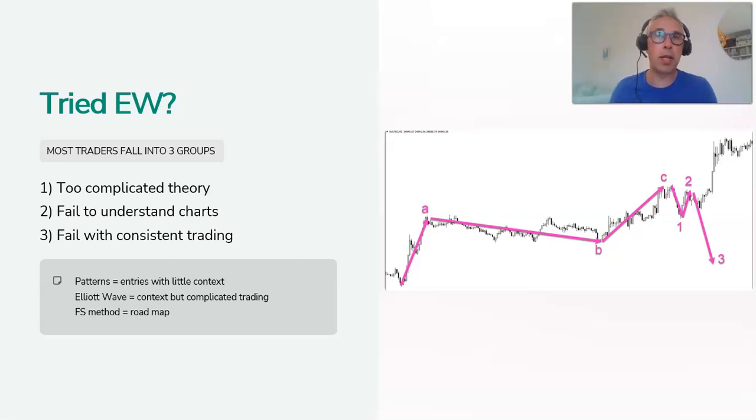There are some, of course, that think that Elliott wave theory is perhaps too complex or complicated. Others might not be able to apply it to the charts, whereas maybe a third group get the context and are able to do deeper analysis, but miss that translation into actionable trading decisions. So I think those are three groups that have difficulties with Elliott wave theory.